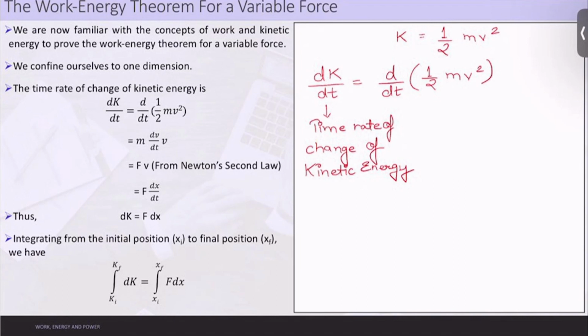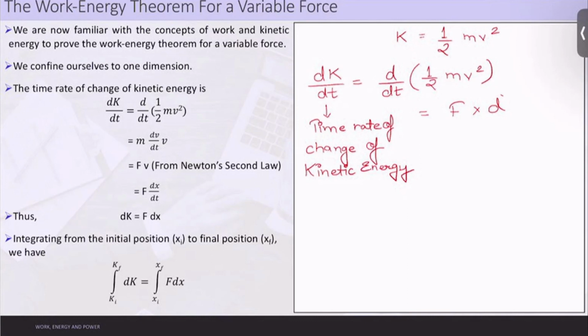Okay. Now look at this very carefully. We know that the change in kinetic energy is also equal to force into displacement. Correct? Force into displacement, using the basic concepts of the work energy theorem.